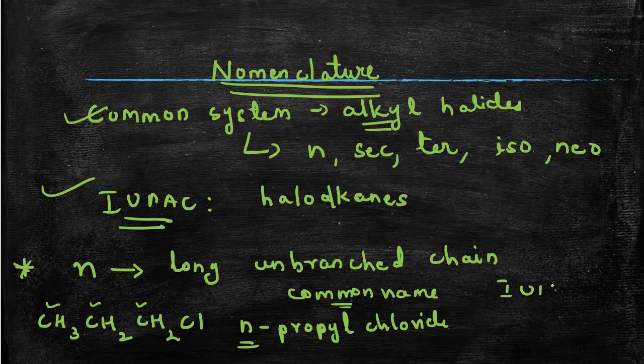And what is the IUPAC name? In the IUPAC system, we are considering the derivative of the corresponding alkane. This alkane is propane, and its derivative is a haloalkane. The chlorine is in first position, so the IUPAC name will be 1-chloropropane.